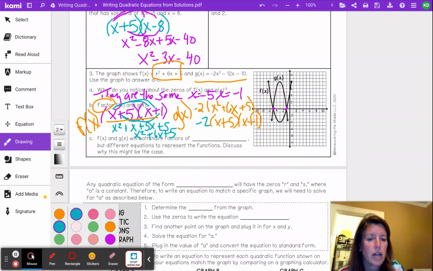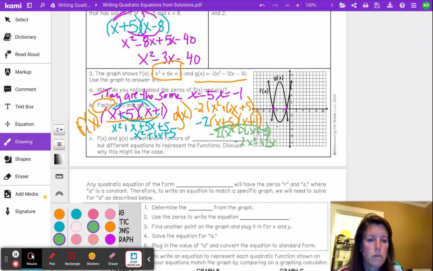So if we were to factor that out, I don't have any room left. If you were to multiply x plus 5 and x plus 1, actually, let me just go ahead and do it. Pretend like we fold it, and it's going to be x squared plus 6x plus 5. And then we have to multiply everything by -2. So -2 times x squared is -2x squared. -2 times 6x is -12x.